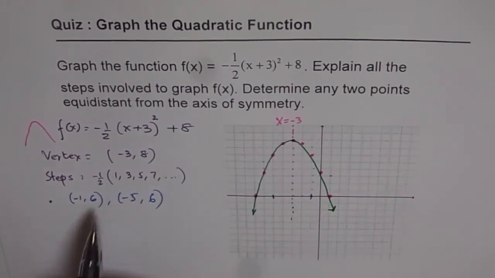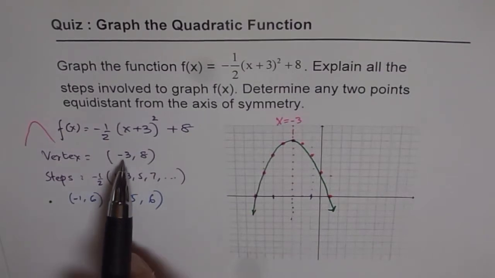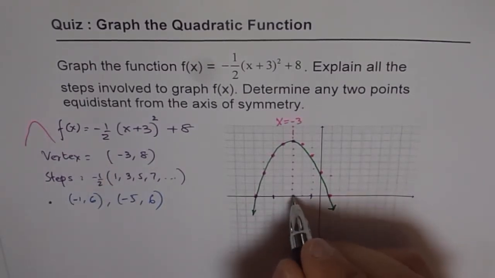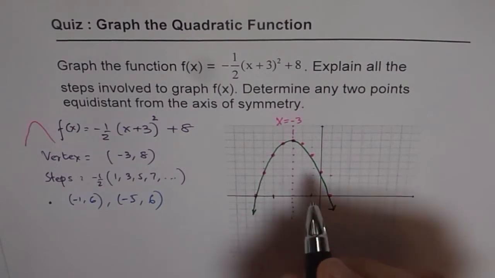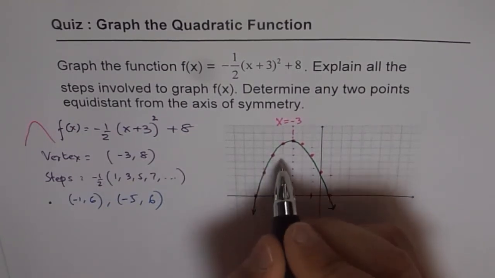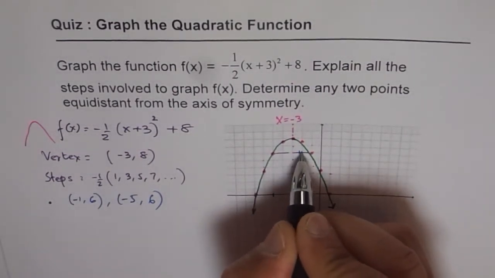You can see that if you add them and divide by 2, you get your midpoint of -3. So adding -1 and -5 gives you -6. Divided by 2 is the midpoint -3, which is the axis of symmetry. So as you can see from here, these are the midpoints. So this is equal to this.